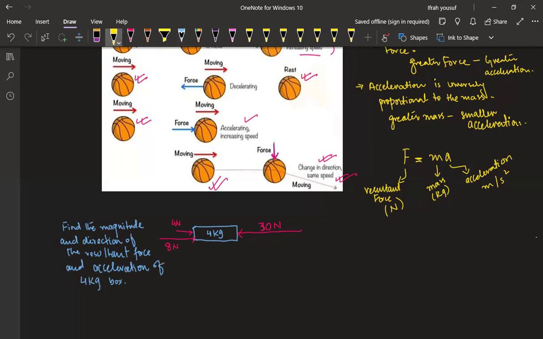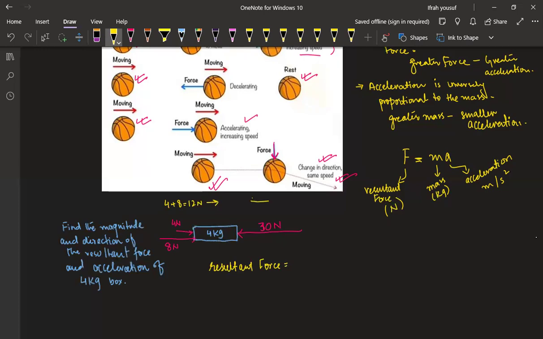So how are you going to find the resultant force? Tell me, Peter. So first you have to find the overall resultant force. What is the sum of the forces acting to the right? 4 plus 8, 12.